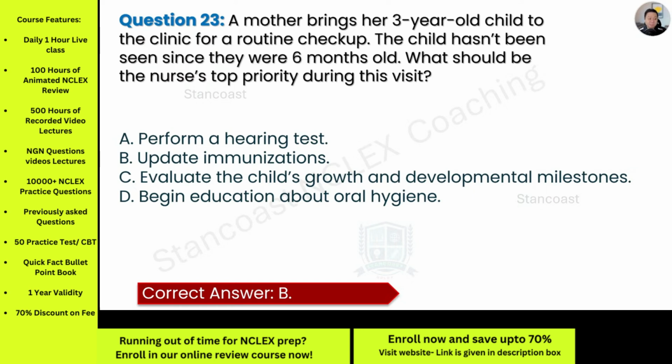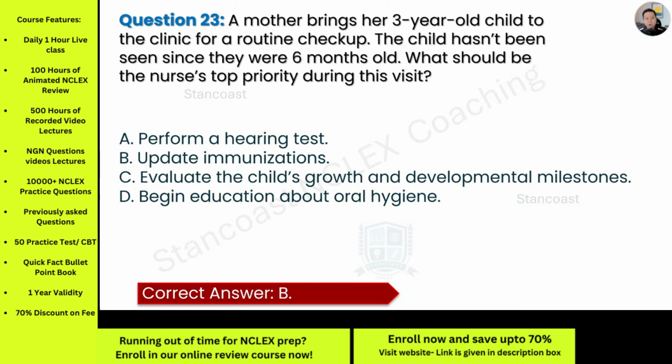The same thing with letter C. Growth and developmental assessments can be deferred until after addressing the priority immunization. And same thing with letter D. Dental care guidance is routine and not a pressing issue during this visit.